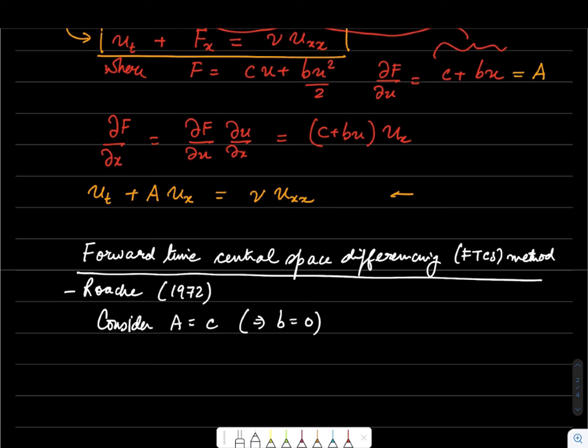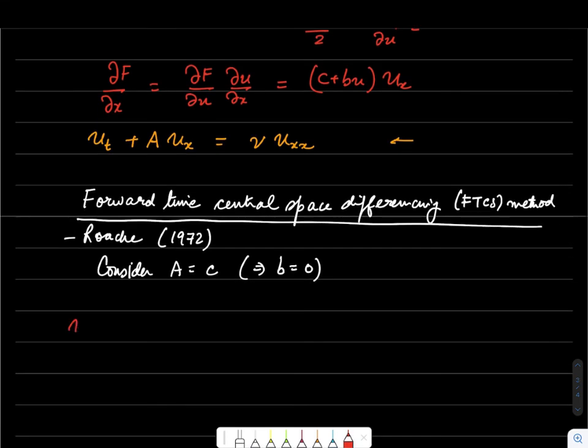So the discretization equation in this case will be (u_i^{n+1} minus u_i^n) by delta t plus c times, note that because we are doing central space differencing, du/dx will be (u_{i+1}^n minus u_{i-1}^n) by 2 delta x.